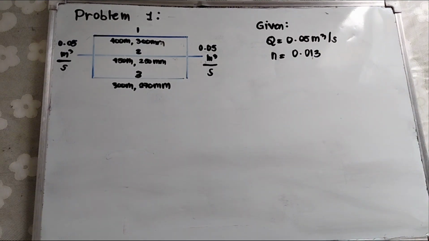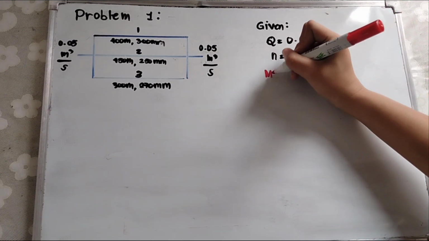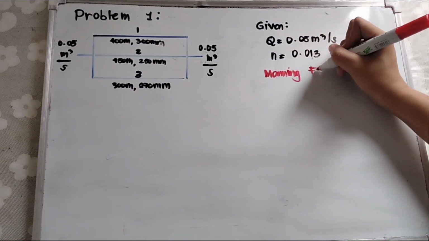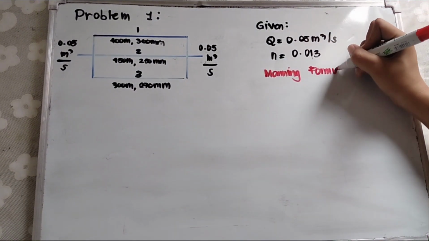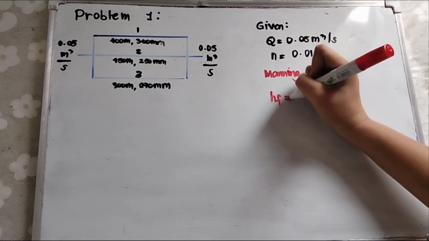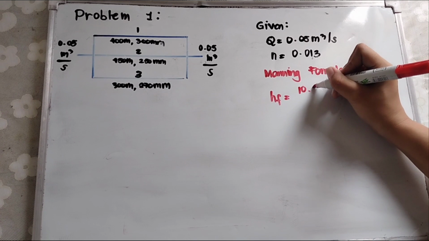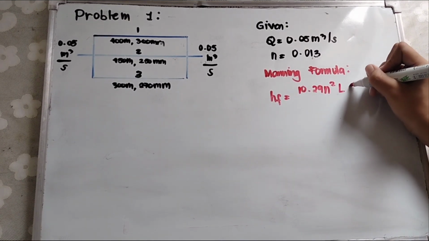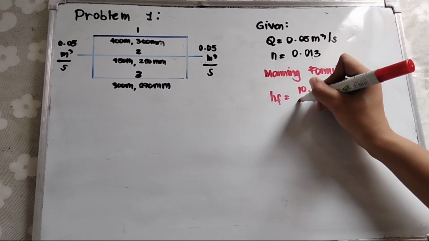Since one of our given is a roughness coefficient, we will use the Manning formula, which is the head loss is equal to 10.29 n squared L Q squared over D raised to 16 over 3.